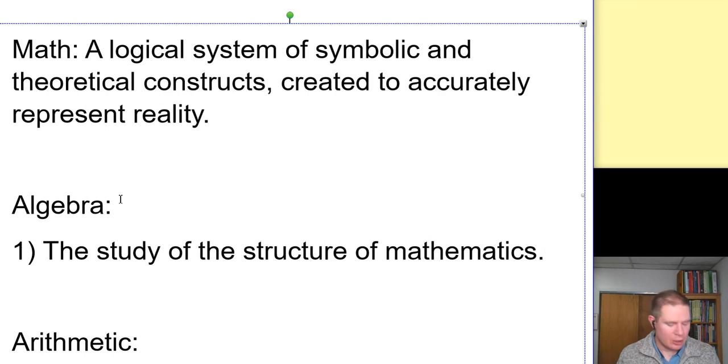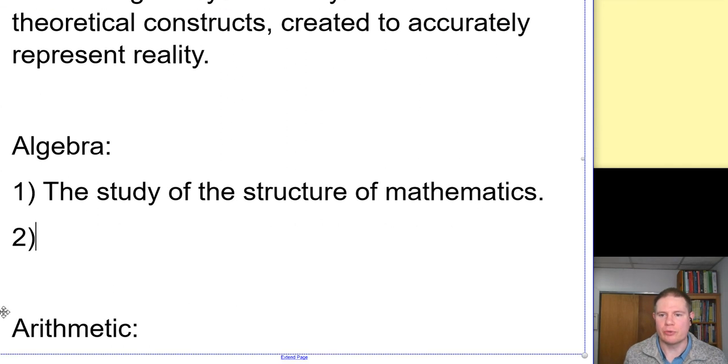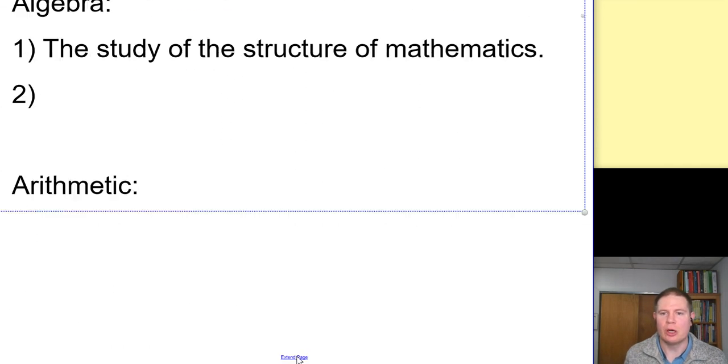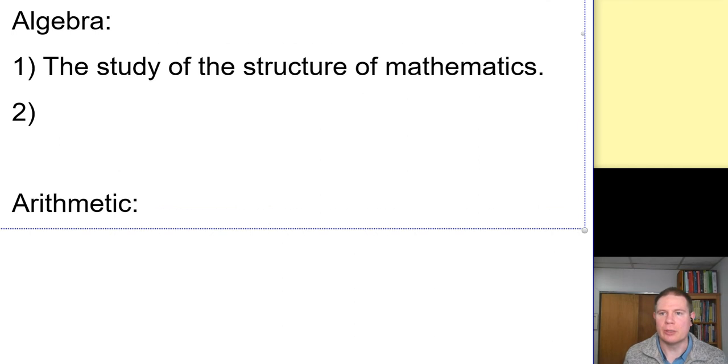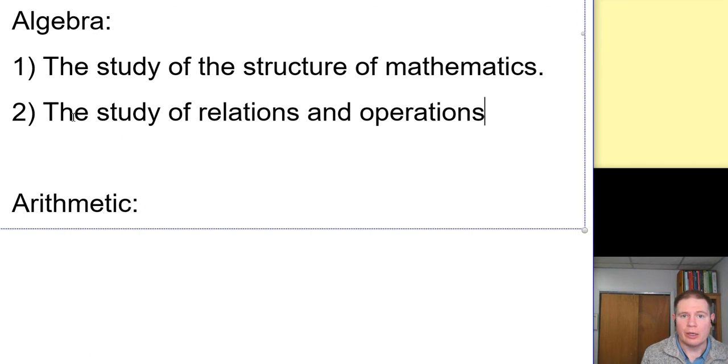It goes much deeper than what you're used to from grade school math. It's all about the structure of things. Right now, it's related to our grade school algebra, because another way to describe algebra is the study of relations and operations.